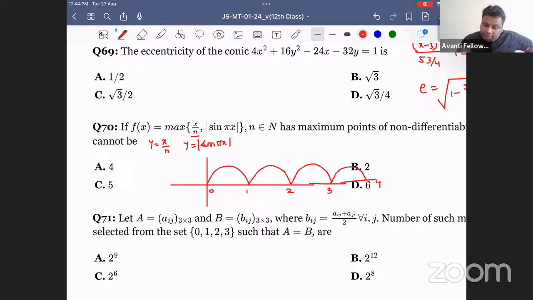Got it? Now there is a line y equals x upon n. For maximum points of non-differentiability, what do I want? At 4, this should go above the axis like this. The graph of this line should be something like this.